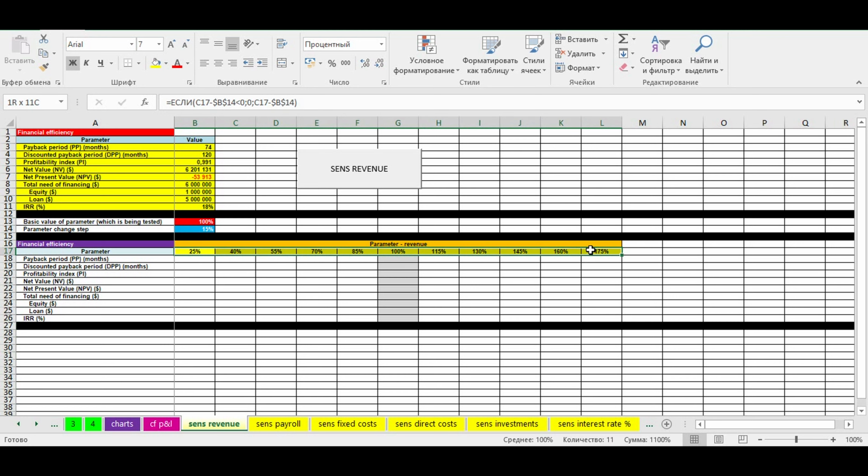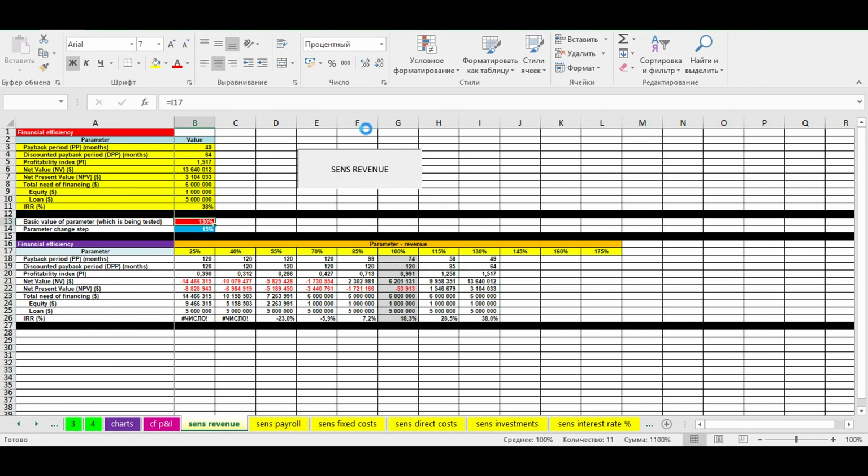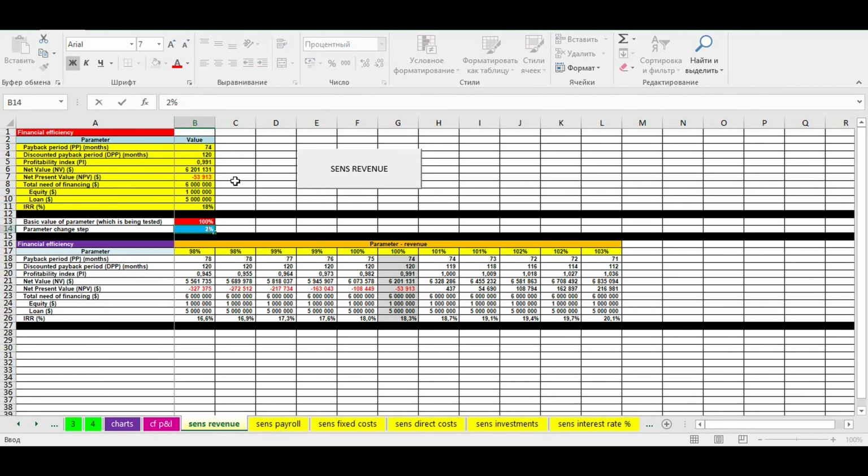Then, we push the Sense button and see when our financial efficiency will go negative. Now we see how stable our hair salon business model is.